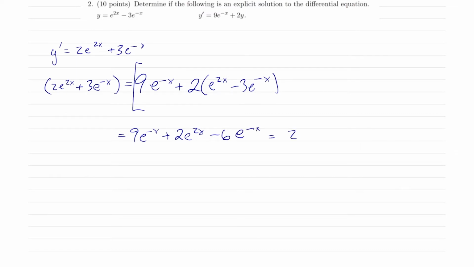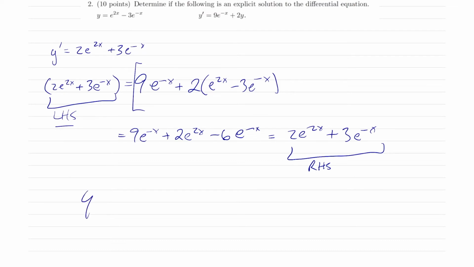And that gives me 2e to the 2x plus 3e to the minus x. So right-hand side is equal to left-hand side. And so yes, it's an explicit solution. Alright, cool, done. Alright, next one.